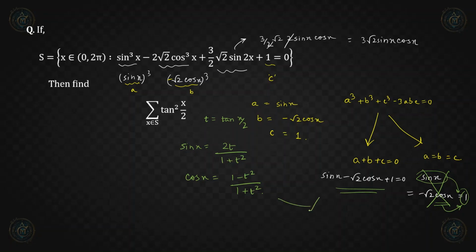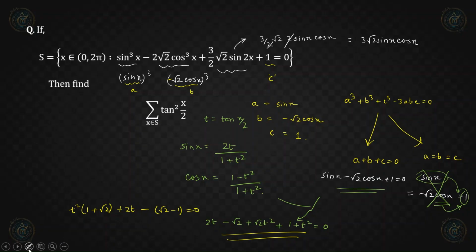From here we get 2t minus root 2 plus root 2 t square plus 1 plus t square equal to 0. Okay. So we can see this is a quadratic equation in t, right? So this quadratic equation is t square times (1 plus root 2) plus 2t minus (root 2 minus 1) equal to 0.